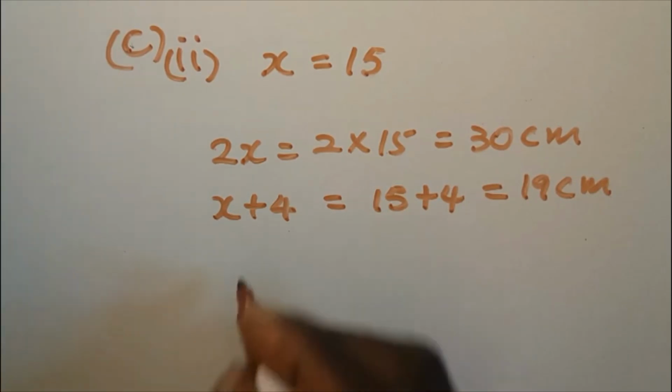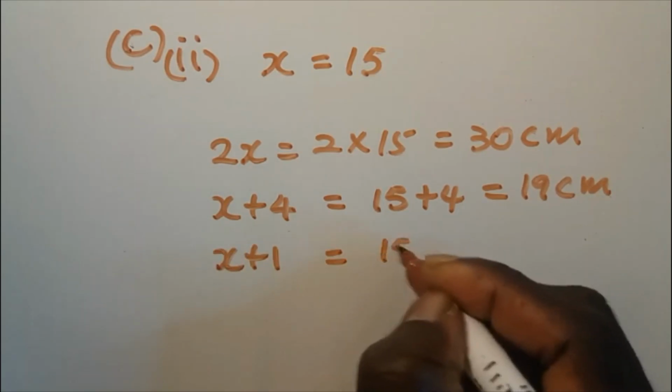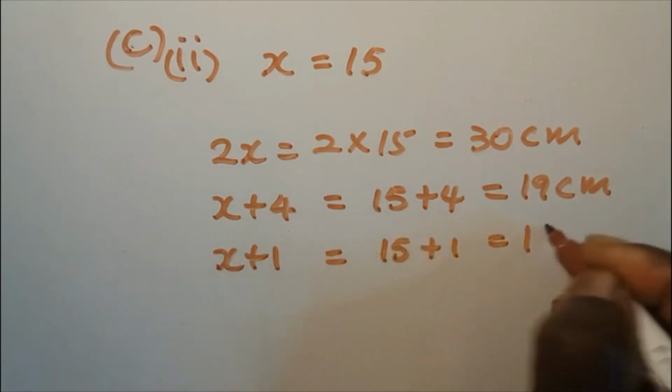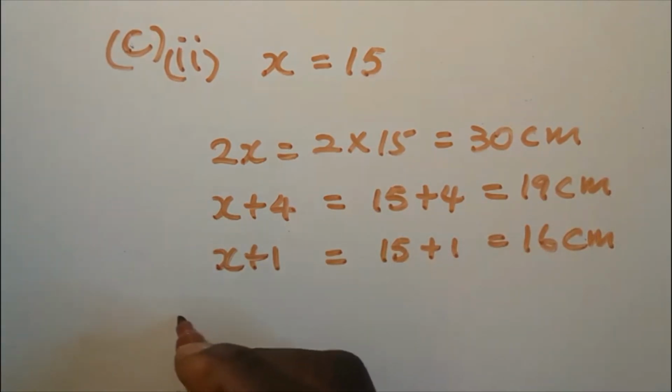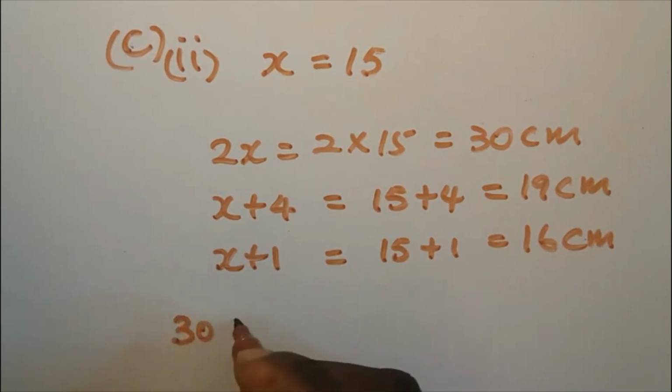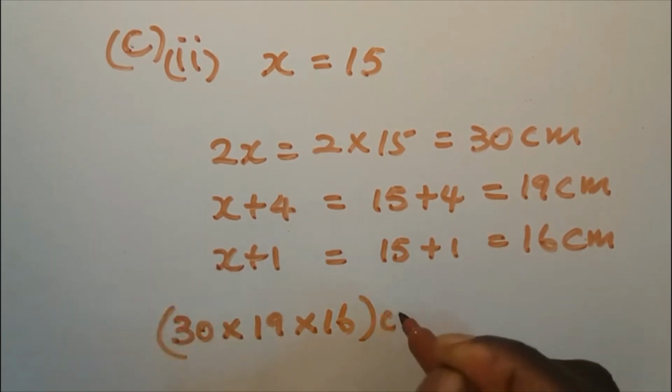And x add 1 is equal to 15 add 1 to 16 centimeters. And if we write down the external dimensions, we'll write it as 30 times 19 times 16. Put this in brackets because they all relate to centimeters.